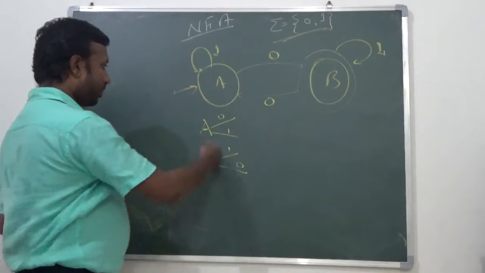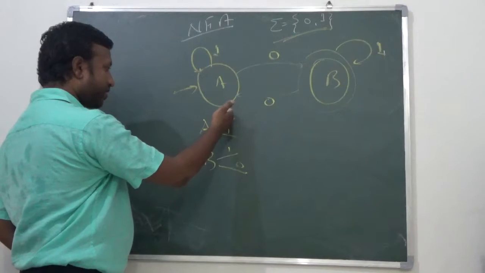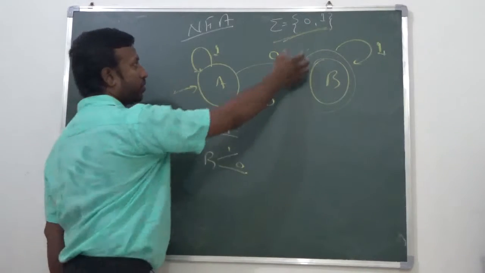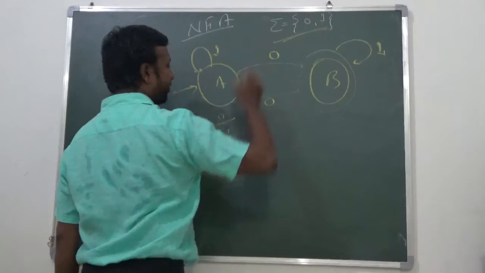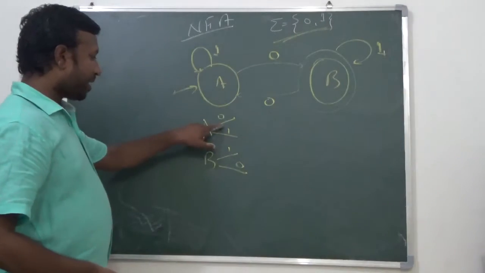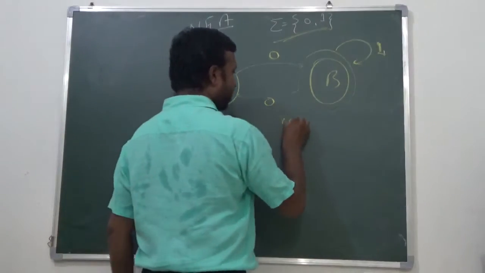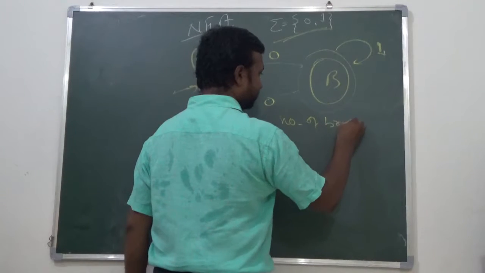So for both states, the number of branches is 2, equal to the number of symbols in the alphabet.